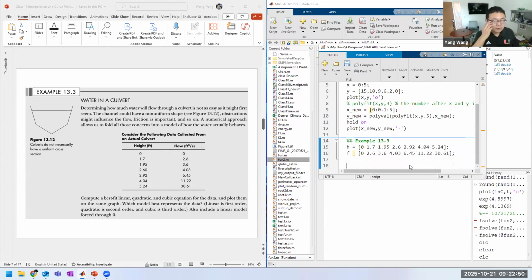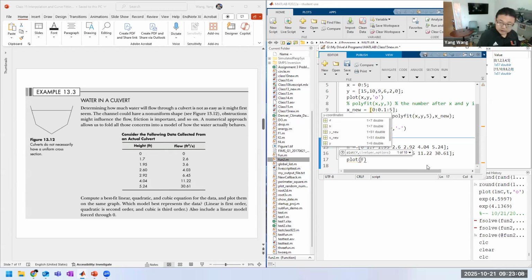So this is going to be the data coming from hydrology, civil engineering, where we try to design the best shape for the channel or for the culvert.